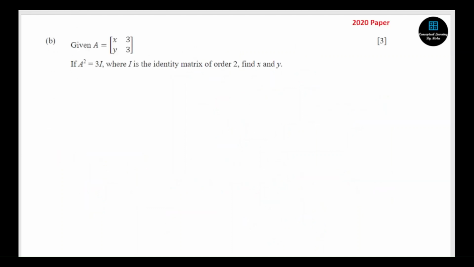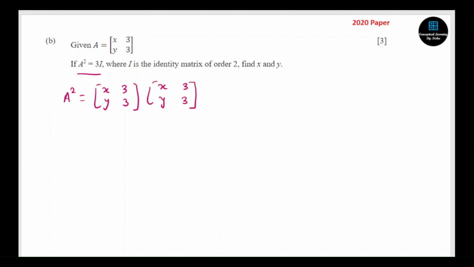Now the 2020 paper. A is given and they have given that A square equals 3I. First of all, I'll find A square. So A square is what? 3, x, 3, y multiplied by the same matrix again. Don't take the square of each element.